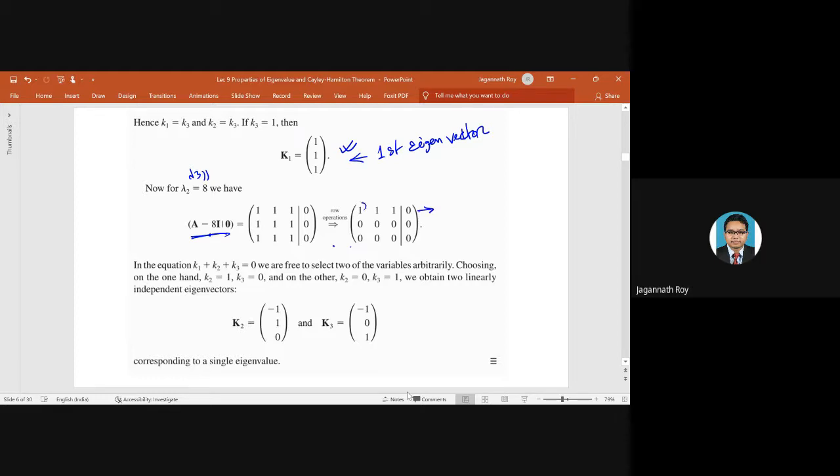Since there is only one equation, there is one pivot element, which means one basic variable, this is x1, and the other two are non-basic. x2 and x3 are free variables.